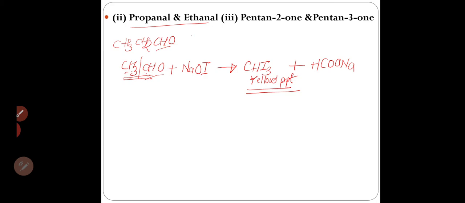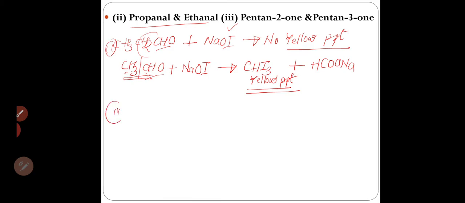And this is propanal with NaOI. Here there is no CH3CO group; here there is CH2, it should be CH3. So this is an aldehyde without an acetyl group, so no yellow PPT.